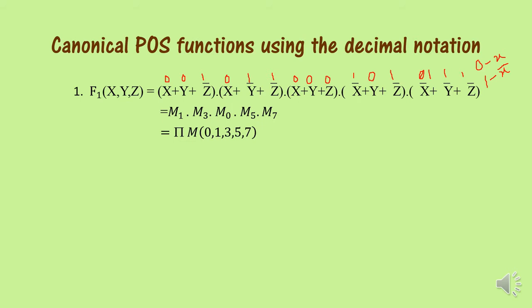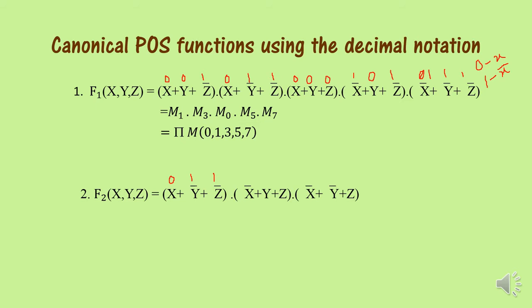Next, the second example, F2, which is a function of xyz, equal to (x plus y bar plus z bar) dot (x bar plus y plus z) dot (x bar plus y bar plus z). So, how is it represented? x is represented by 0, y bar by 1, z bar by 1, so it is 0, 1, 1.